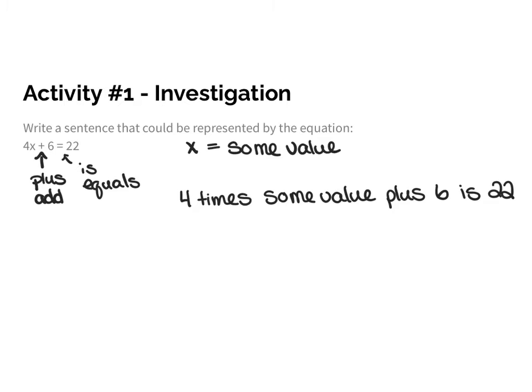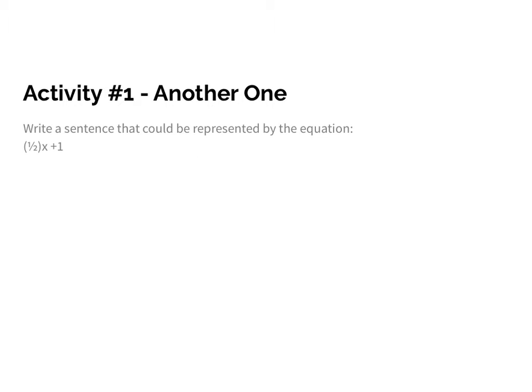Then we looked at another example. Write a sentence that could be represented by the equation half x plus 1. So again, half x is like 1/2 times, but another word for multiplication could be of. And again, x is some number or some value.